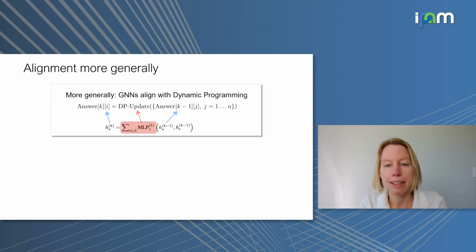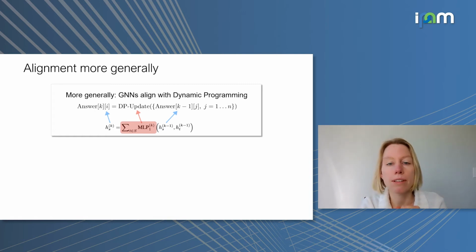I can show you that table later in the break if you're interested, but I would like to look at alignment now a bit more generally, from the perspective of GNNs. If you think about the GNN architecture, it is very good at mimicking a large number of dynamic programs where we have a state, and the state is essentially the current feature representation. It's updated by doing some simple operation on each of the neighbors, maybe a comparison, maybe a simple transformation, and then aggregating that.